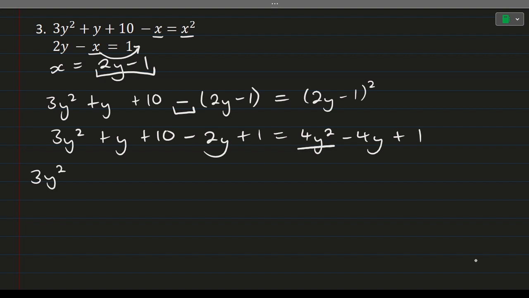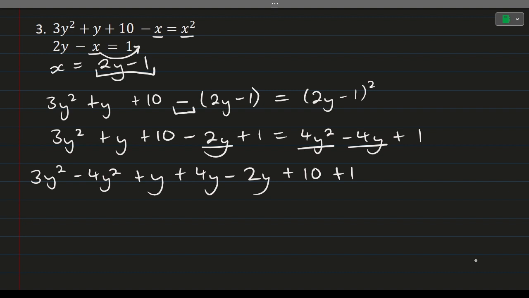If we move 4y squared to the left, it becomes negative 4y squared plus y. If we move negative 4y, it becomes positive 4y. And then there's a minus 2y here, plus 10 plus 1. Then if we move this 1 to the left hand side, it becomes negative 1 is equal to 0.